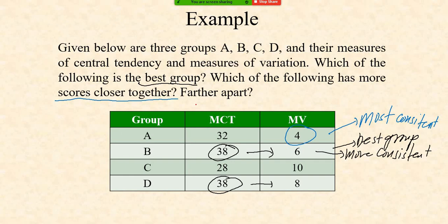The last one asks which ones are farther apart. That is Group C because it has the largest measure of variation, which is 10. So this is our least consistent group because its scores are really far apart.